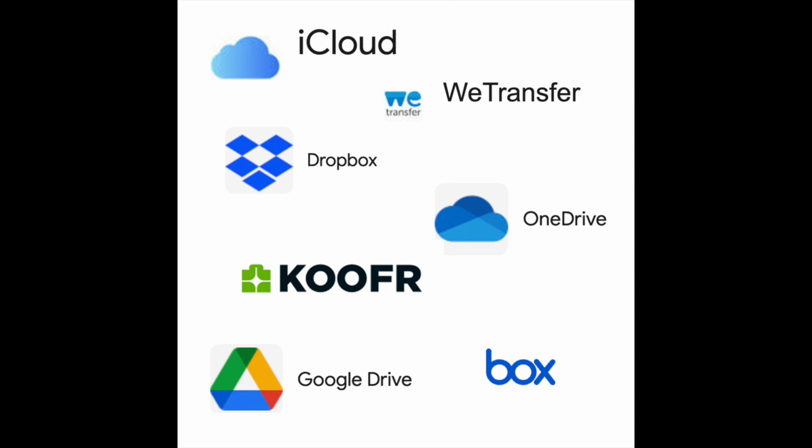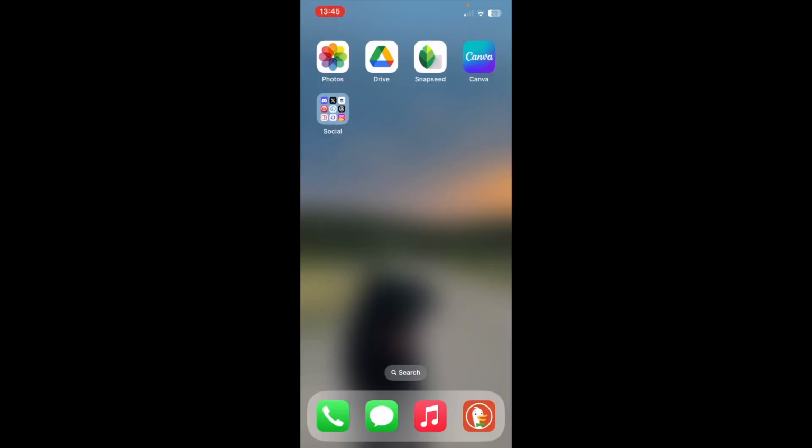It is just a matter of basically utilizing any cloud service and then installing the app on your phone to move these images over, say, from a desktop system to your mobile device. In this case, I will be utilizing Google Drive, but you might use Dropbox, you might use iCloud, you might use WeTransfer. There are just a whole bunch of different cloud services out there that you might have access to. And any of them are fine as long as they play nice with your phone.